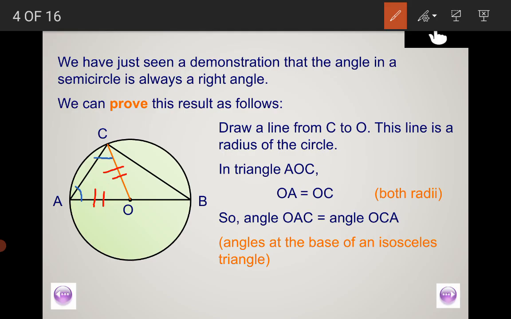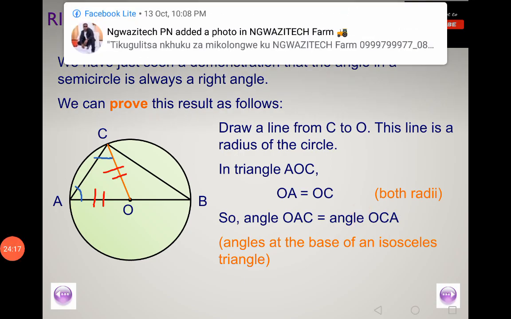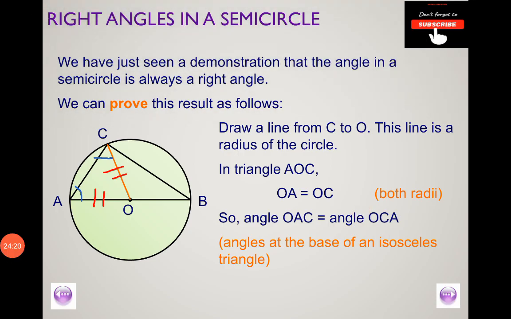Okay, so if you look at the triangle AOC, if these two sides are equal, what type of triangle is this? This is a triangle called an isosceles triangle. What is an isosceles triangle?